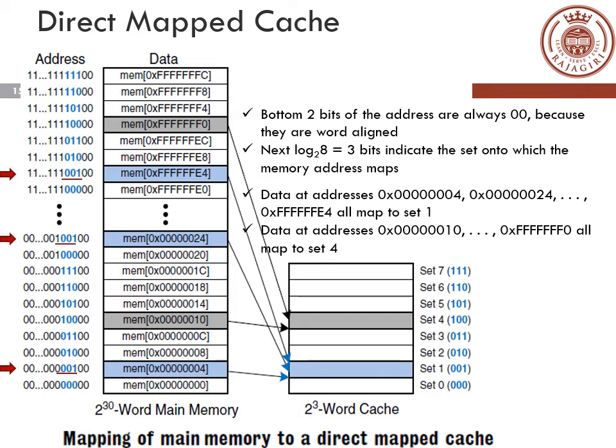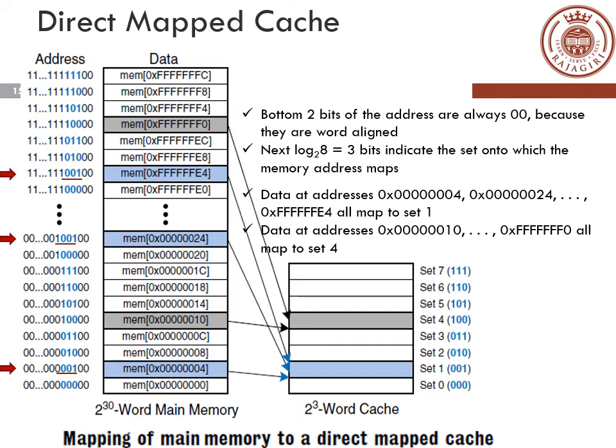Okay, now the next 3 bits, so from the bottom you can see it is the next 3 bits, which is being represented in the blue color. It is 000, above one is 001, above that it is 010, 011, 100, 101, 110, 111. So you can see 8 possibilities.